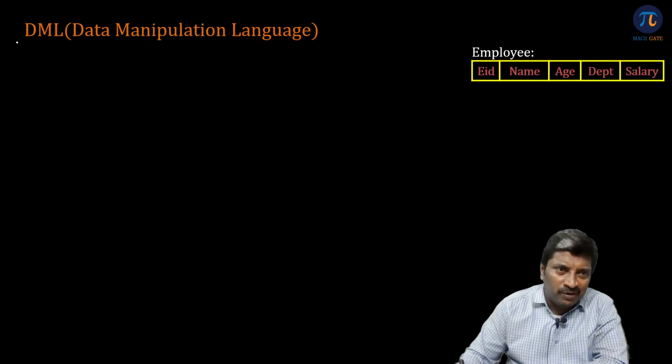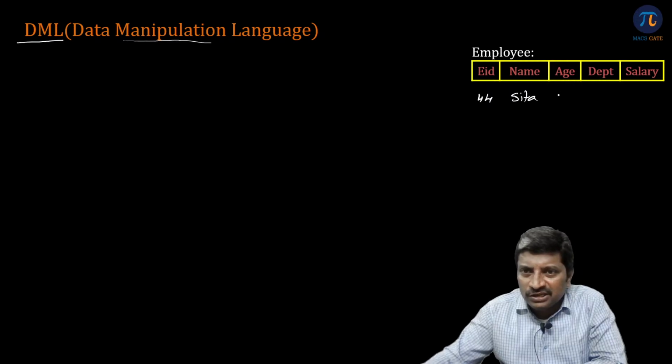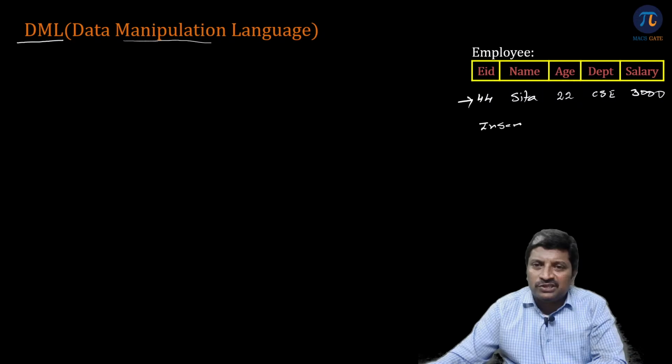Then coming to DML, data manipulation or data modification. That is, suppose I want to insert a Sita, like this. This is data, sir. Something like I want to insert a data or insert a record. I want to delete a record.